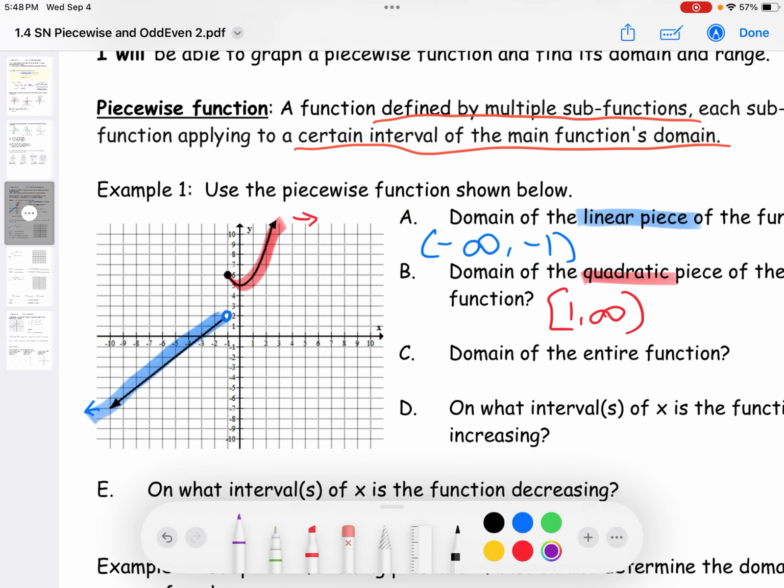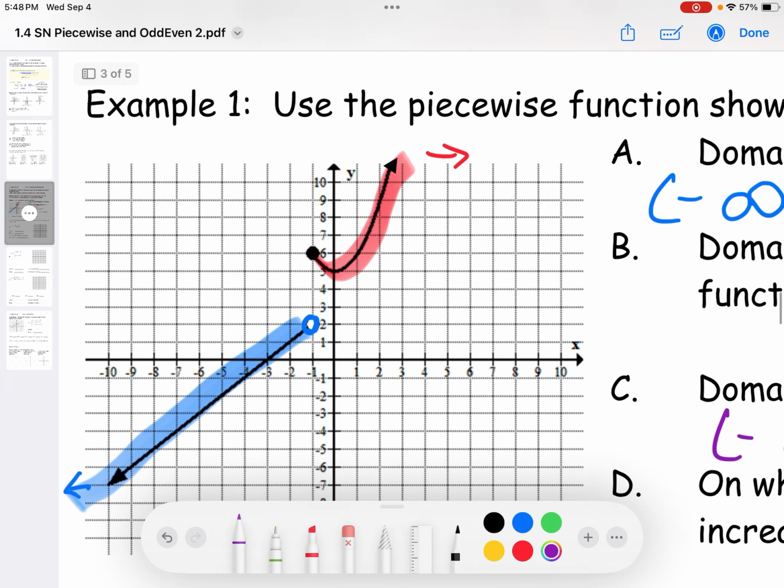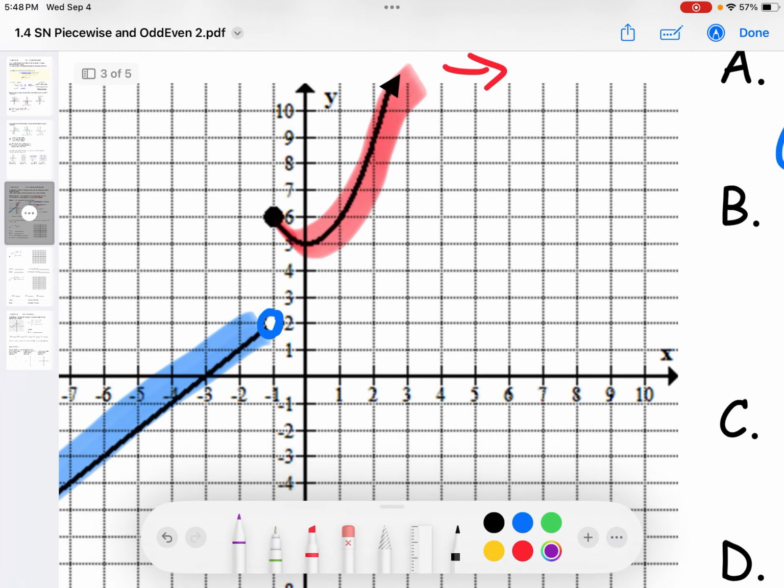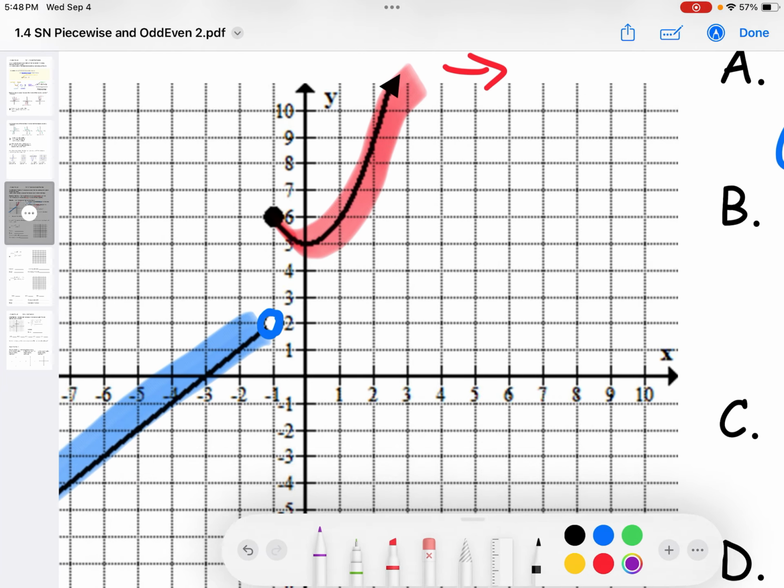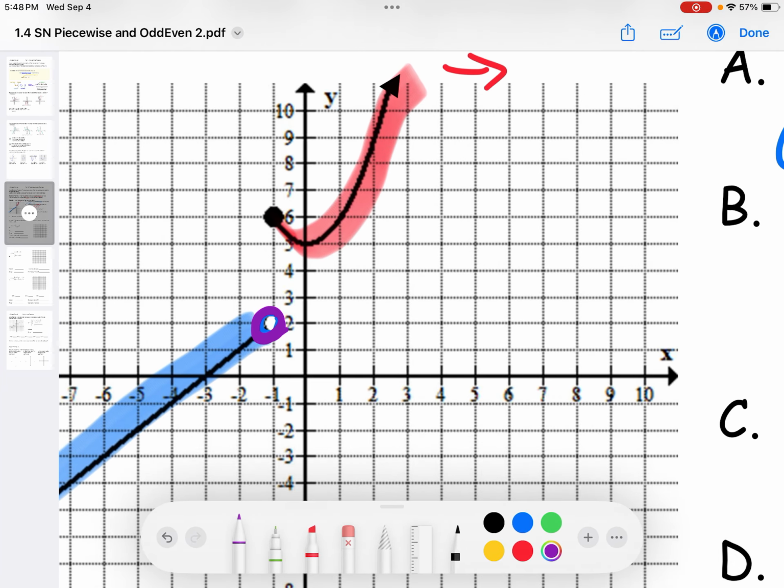Then question C wants the domain of the entire function, both pieces together left to right. So we know the left starts at -infinity. As we move to the right, it looks like there might be a gap at x equaling -1, but that x value of -1 does get used.